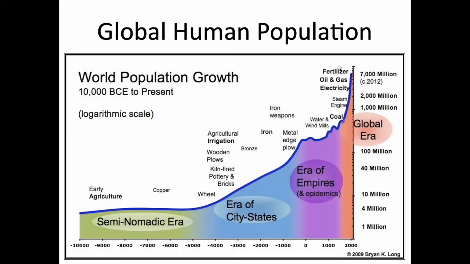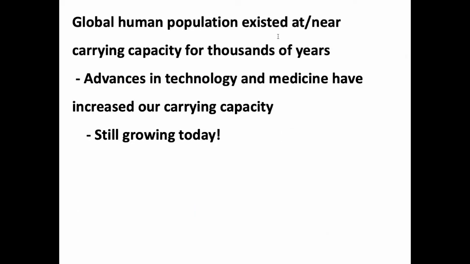Not only do we get better resources out of our environment, but we're able to survive more and have less mortality due to disease. Nothing else on the planet is doing these same sorts of things. We used technology and medicine to increase that ceiling. So we were at carrying capacity for a long time, advances in technology and medicine have increased our carrying capacity, and it's still growing today.